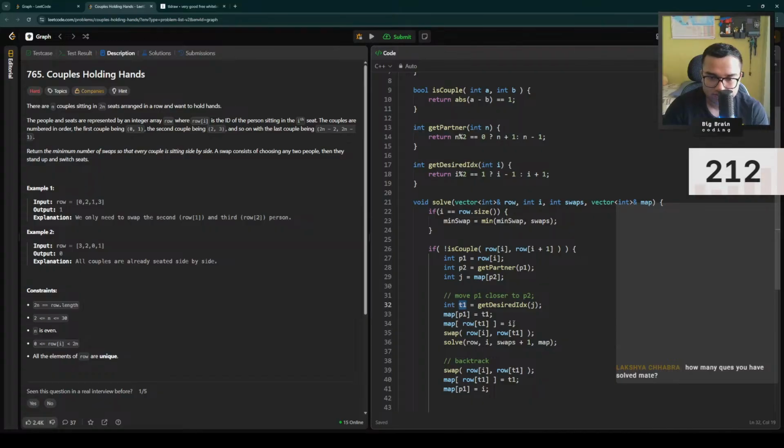Row of T1 becomes I because I'm moving from the ith position. Then swap row I and row T1.